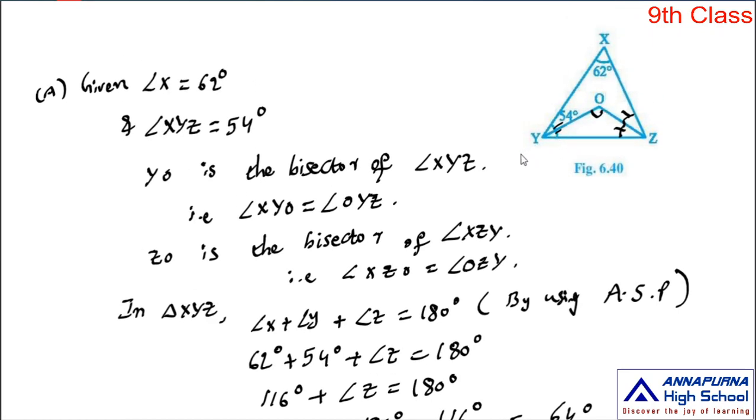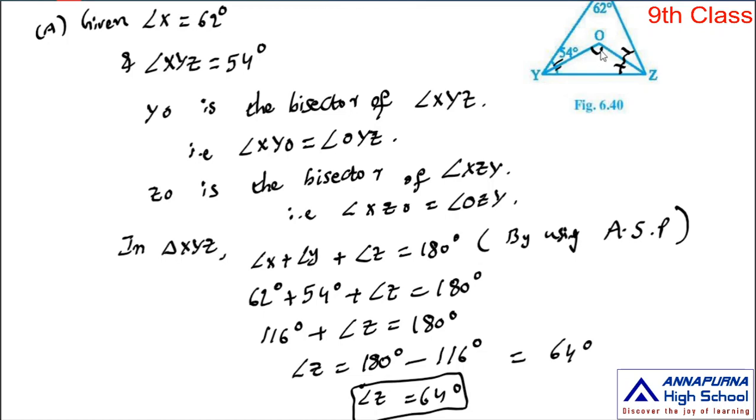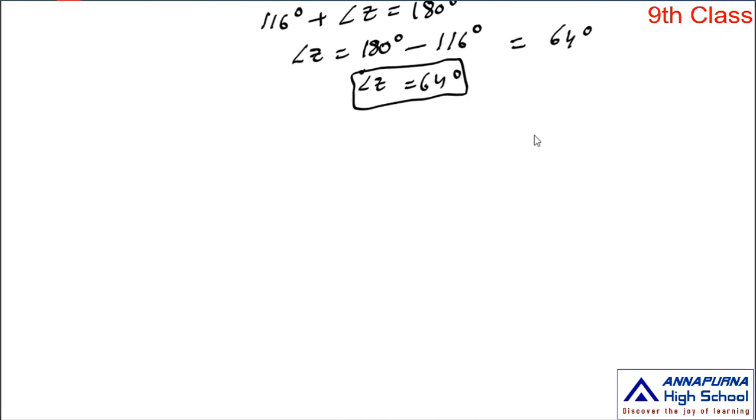OY is the bisector of angle Y. So angle OYZ is equal to half of angle Y, because YO is the bisector of angle Y. Angle OYZ is equal to half into, substitute angle Y is equal to 54 degrees.